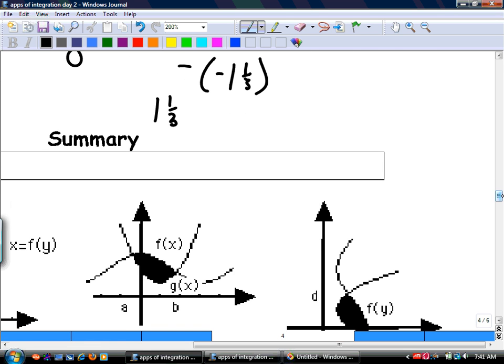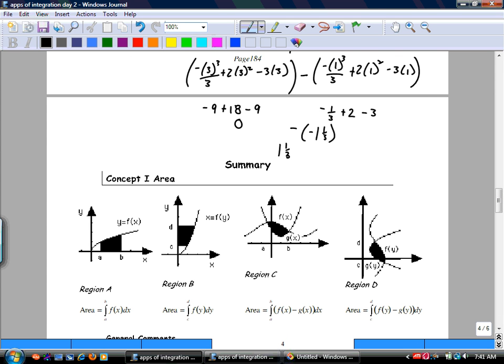Okay, so summary. This is important. This is huge. And I looked at this when I got these notes from a friend of mine. I was like, wow, this is the bomb. So the net area under the curve is the antiderivative from a to b of f of x dx. So we got a nice picture, and we've got a nice antiderivative statement. Mr. F, I don't want to do the area under the curve.